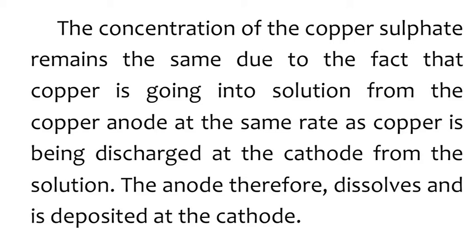So the concentration of the copper sulfate remains the same due to the fact that copper is going into solution from the copper anode at the same rate as copper is being discharged at the cathode from the solution. So the anode therefore dissolves and is deposited at the cathode.